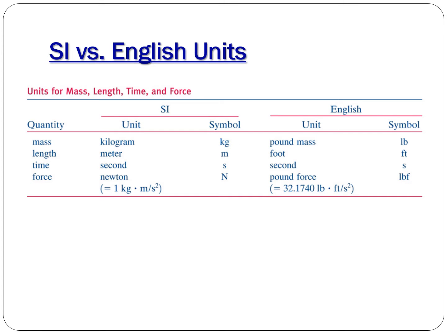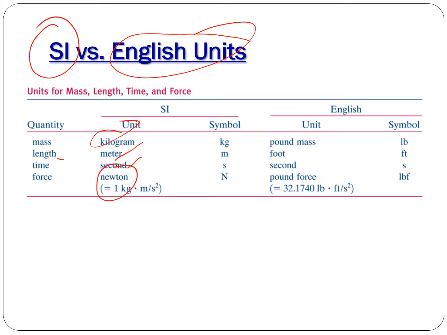So unit system, as I discussed, there are two unit systems, SI unit system and English unit system. And in SI unit system, mass is kilogram, length in meter, time in second, and force in Newton. Whereas in English unit system, the mass is in pound mass or slug, length in feet, and time in second, and force in pound force.